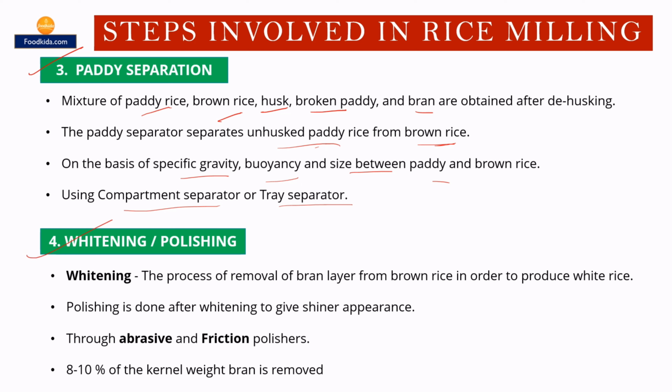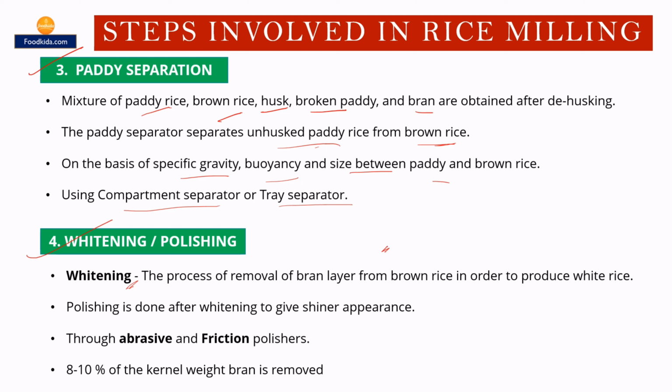First we will understand what is whitening and what is polishing. The removal of the bran layer from the brown rice in order to produce white rice is known as whitening. Simply, removal of the bran layer is called whitening, whereas when bran particles are still sticking to the surface and are removed, it is known as polishing.